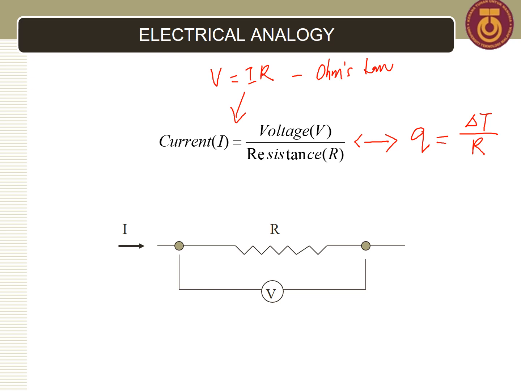Current is actually the rate of electron transfer in the circuit, and voltage is the difference in electrical potential. So voltage is the driving force that enables the electrons to flow and form current.